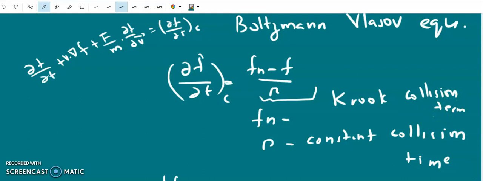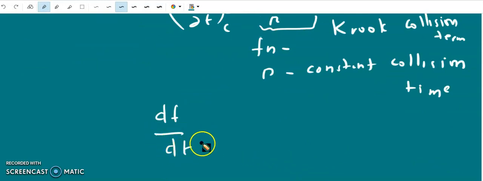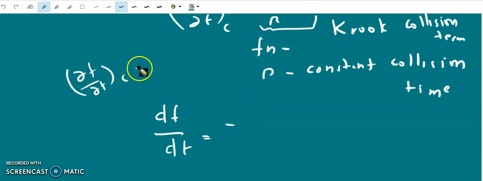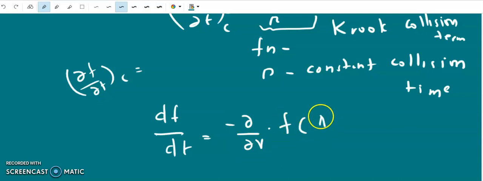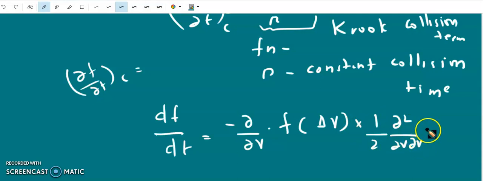And when there are Coulomb collisions, the Boltzmann equation can be approximated as follows. We are looking at what ∂f/∂t due to collision becomes. The left side has no change; we can write it expanded: ∂f/∂t plus v dot gradient of f plus F/m dot ∂f/∂v vector. The right side, the ∂f/∂t due to collision term, is equal to minus ∂/∂v of f(Δv) times ½ ∂²/∂v² of f(Δv)(Δv).